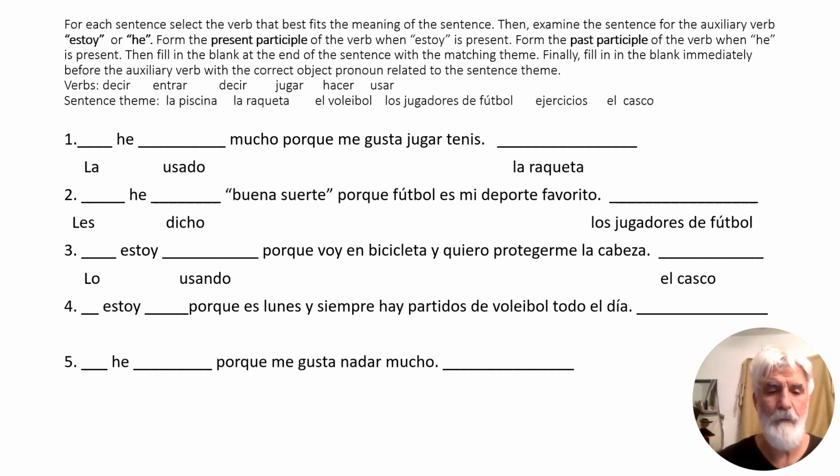Let's take a look at 4. And let's see what verb we want to use here. Estoy. So now I'm using estoy, so I want to use the present progressive tense. I want to find the present participle. Estoy what? Porque es lunes, because it is Monday, y siempre hay, and there always are, partidos de voleibol todo el día.